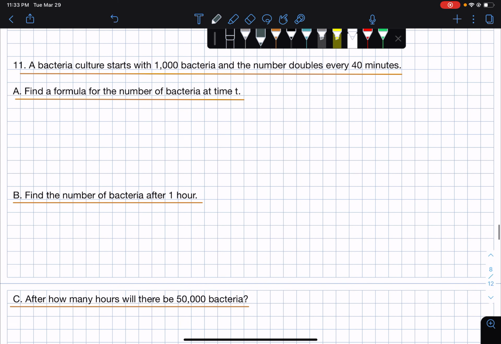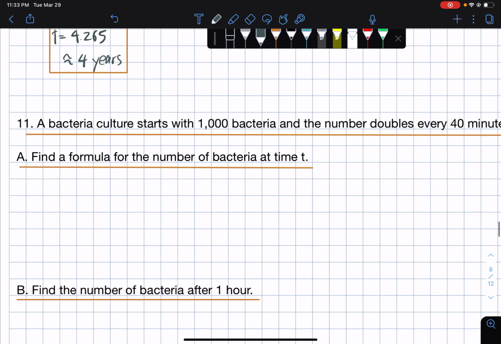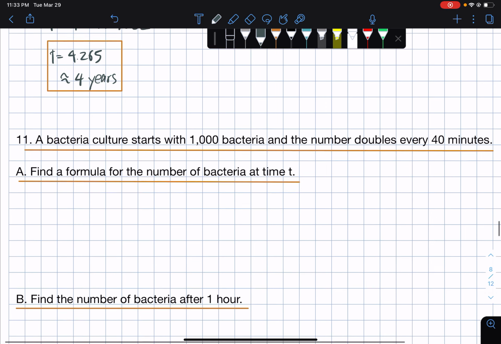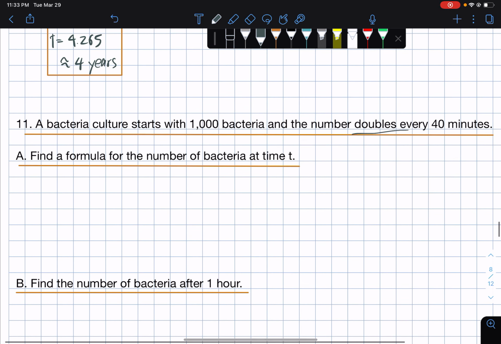For number 11, a bacteria culture starts with 1,000 bacteria and the number doubles every 40 minutes. Right, this question might be quite tricky. There's no mention, hang on, doubles, so I think this question relates to exponential growth.